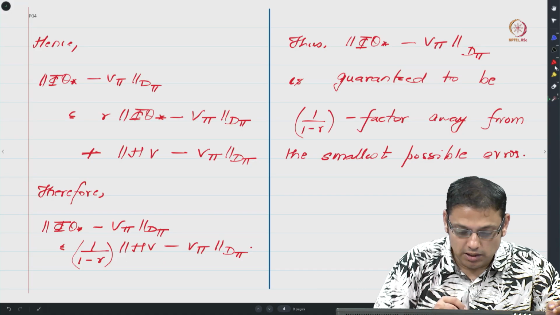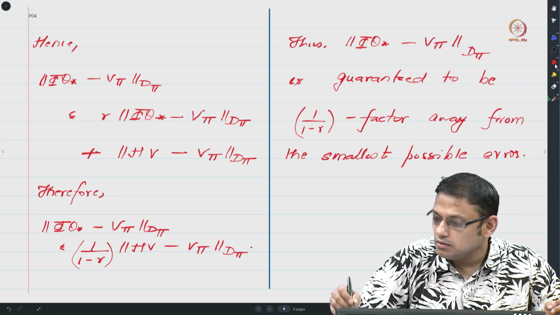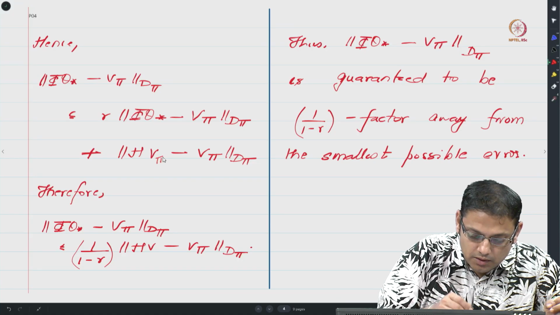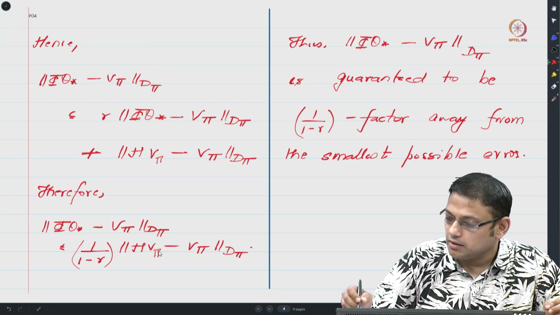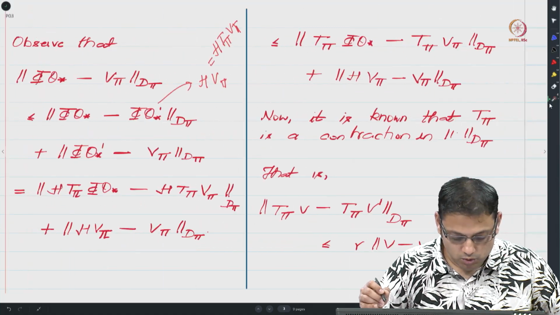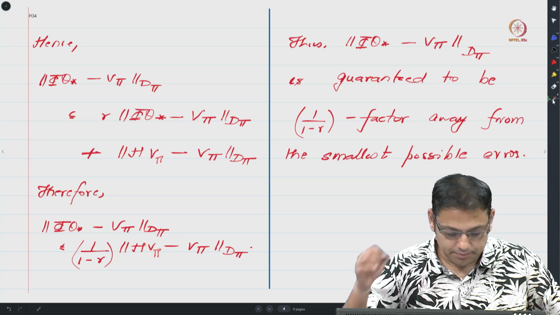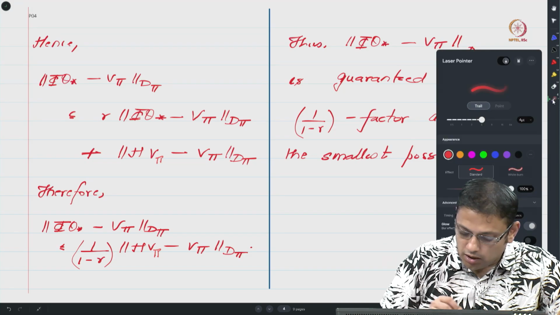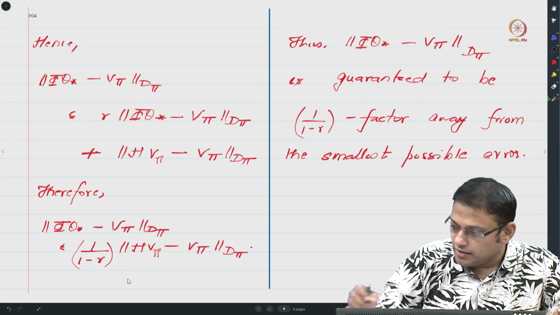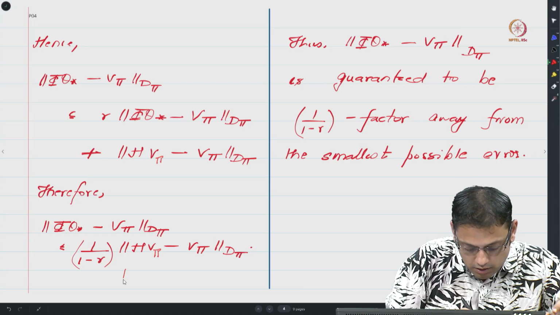pi. I should say this is v pi here and this also is v pi. Let me just make sure I have v pi everywhere, yes, okay, alright. This is also equivalent to h v pi minus v pi in the d pi norm, where h v pi is precisely phi theta star prime.